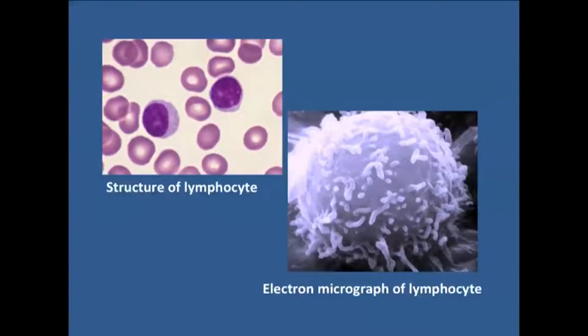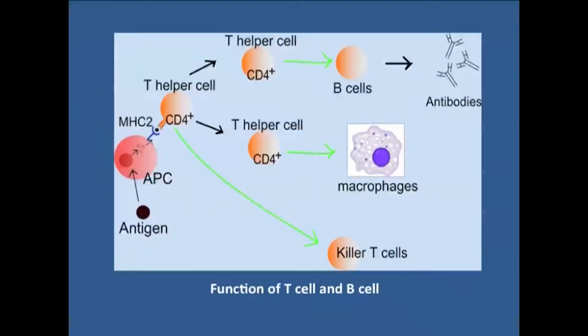Another very important cell which is of course present in the blood is the lymphocyte, and these lymphocytes are actually trapping the bacteria, and they are of two types. They are the T cells and the B cells, and these B cells directly will be activated by the T helper cells, and ultimately they will produce the antibodies the moment the antigen enters the human body, that is the humoral immunity.